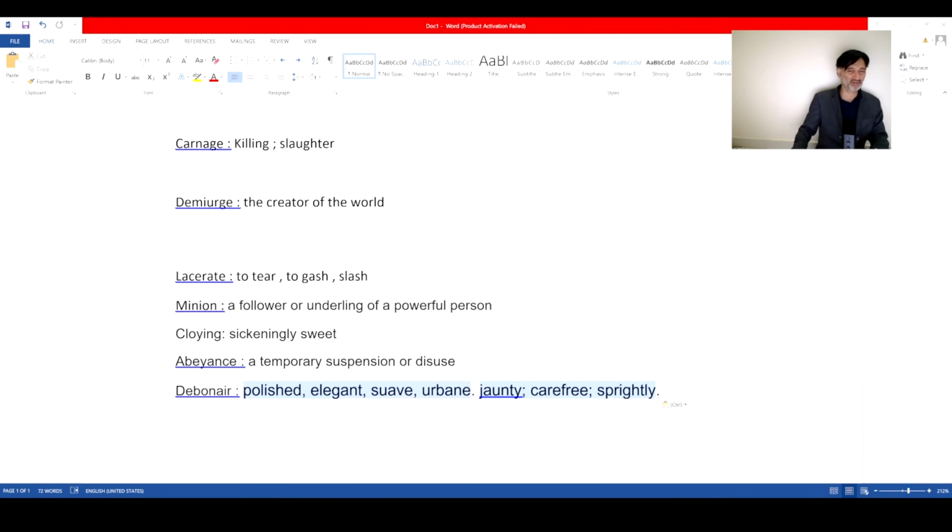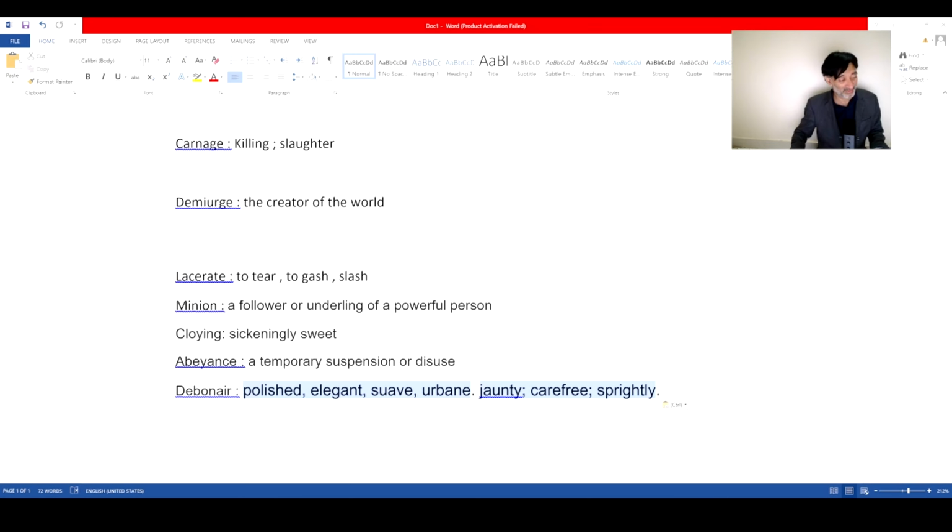There are a lot of synonyms for this word. I would say James Bond appears to me rather debonair. That could be an example sentence.